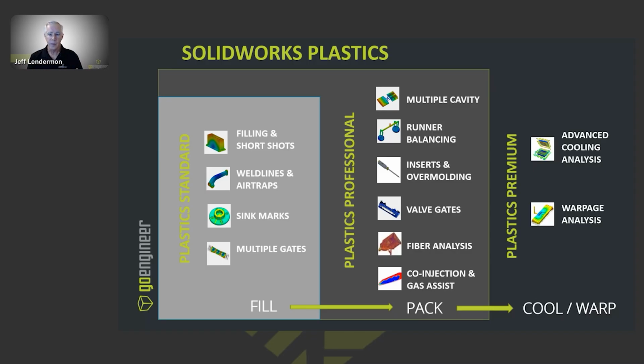So if you're using fiber-filled materials, you can look at the fiber orientations in the part and even export from the model into something like Digimat and go further into other FEA with the fiber orientations in our part. I also mentioned co-injection and gas assist. It's the more oddball injection molding, not as popular. I mean, single material is probably 98% of the industry right now.